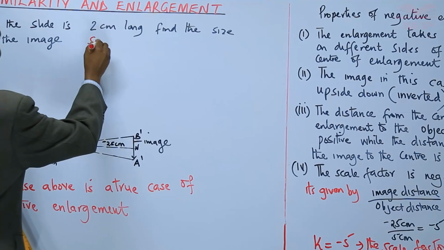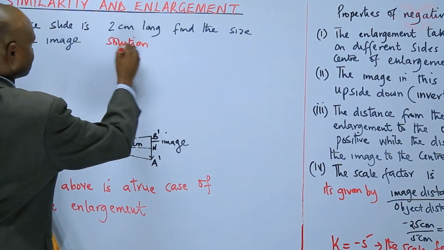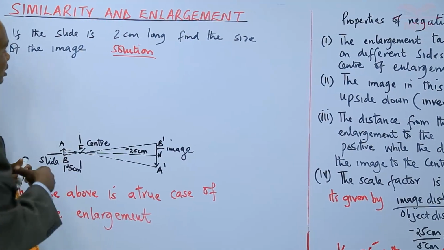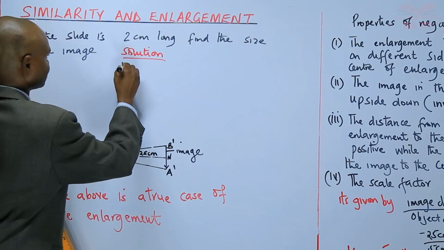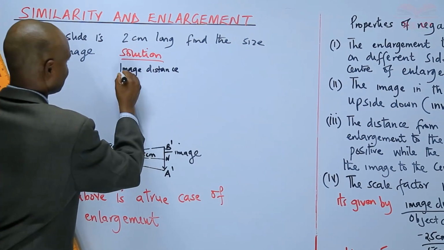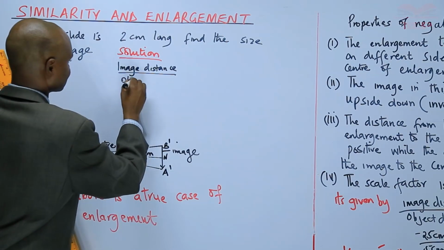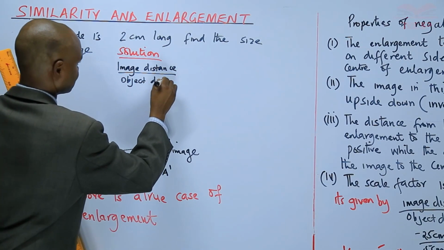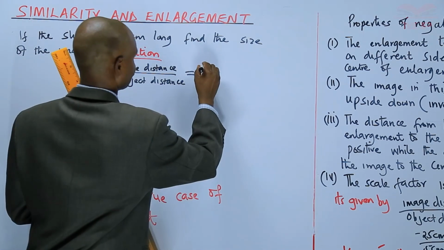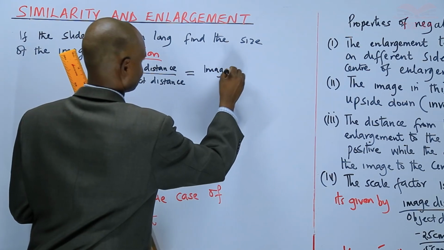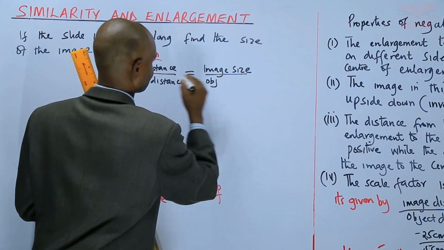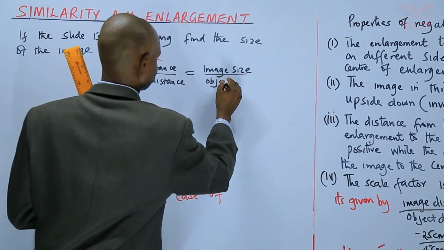The solution of that: you'll say image distance over object distance should give you image size over object size.